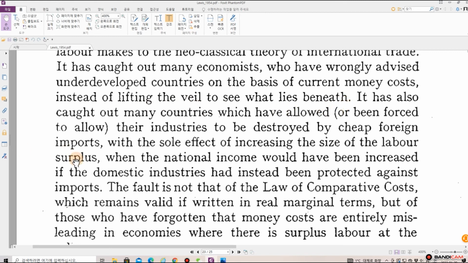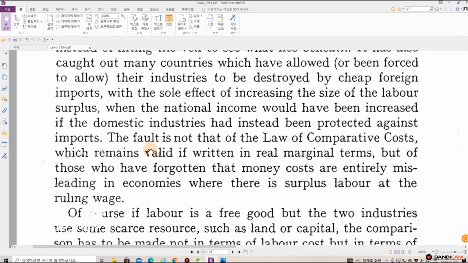It has also caught out many countries which have allowed or been forced to allow their industries to be destroyed by cheap foreign imports, with the sole effect of increasing the size of the labor surplus, when the national income would have been increased if the domestic industries had instead been protected against imports.